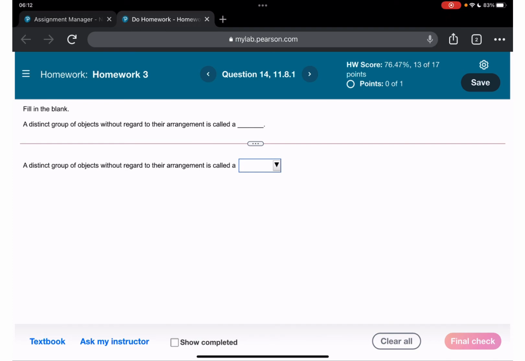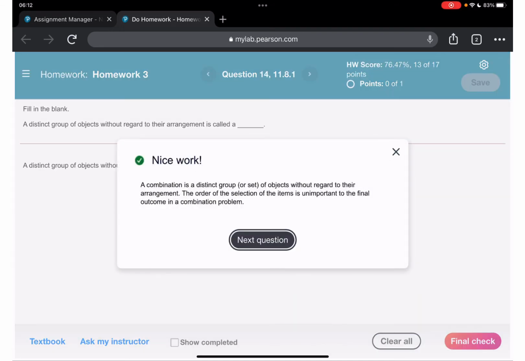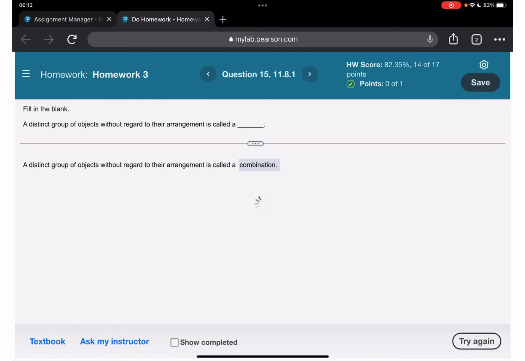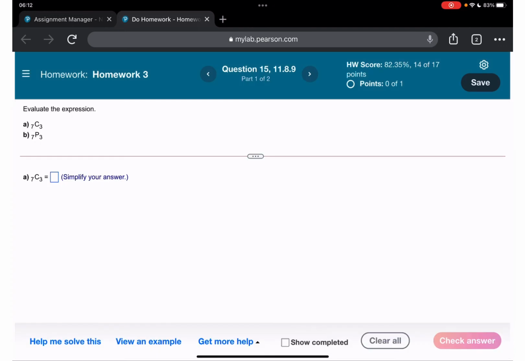A distinct group of objects without regards to their arrangement. To their arrangement meaning to their order. Remember I explained, that is a combination. Okay. Nice work. Next question.